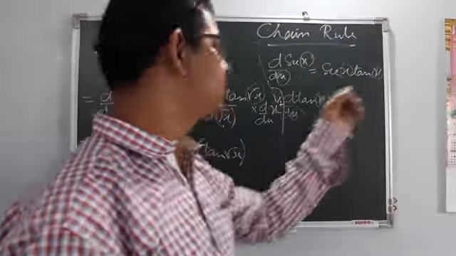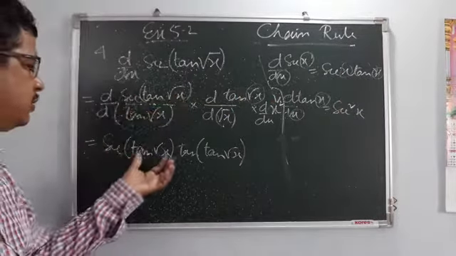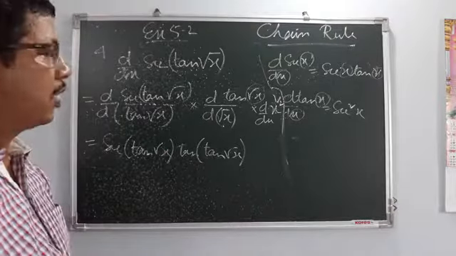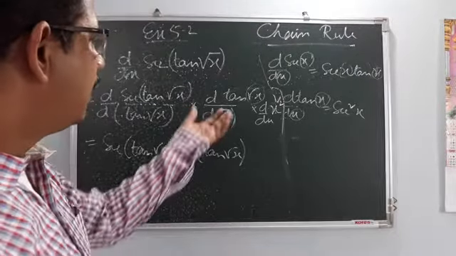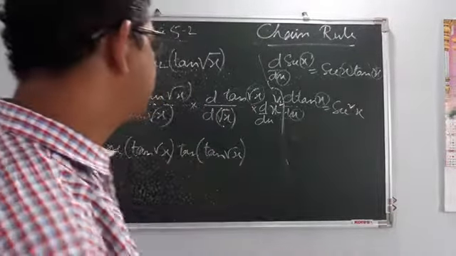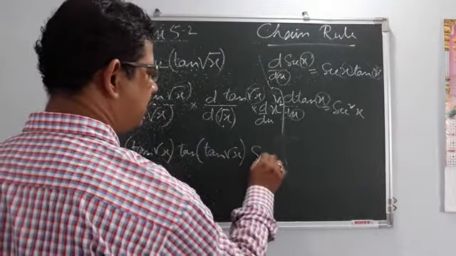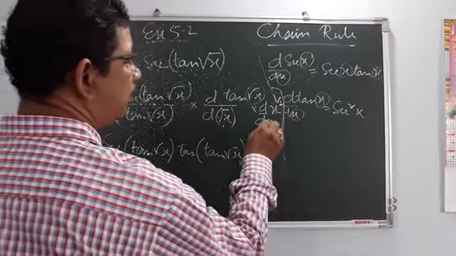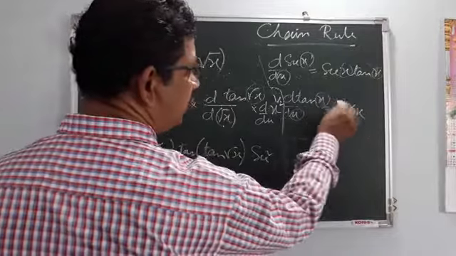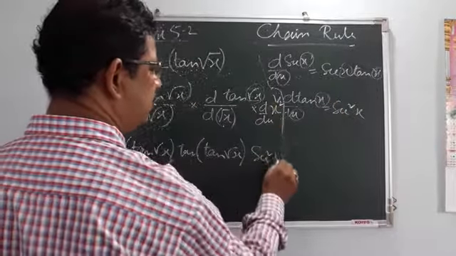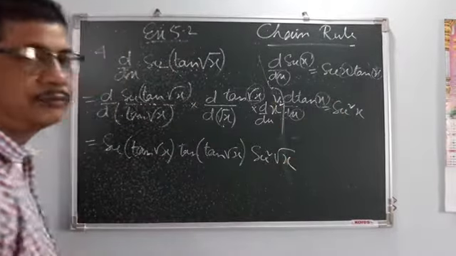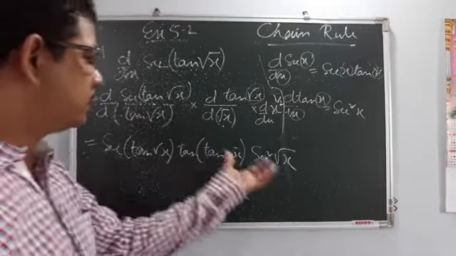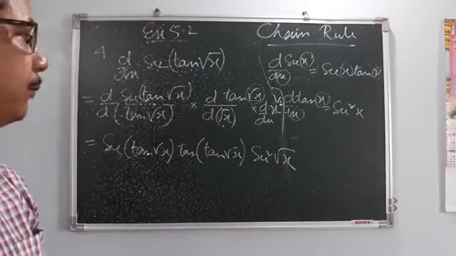I think you are clear. Now tan x differentiates to sec square x, so of course we have to write sec square of what? If it is x, then x. If it is root x, then it is root x. So that portion's differentiation is this one.